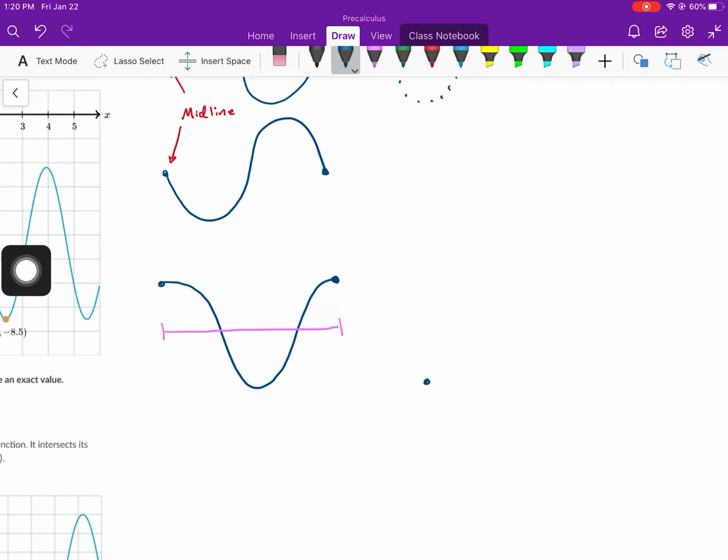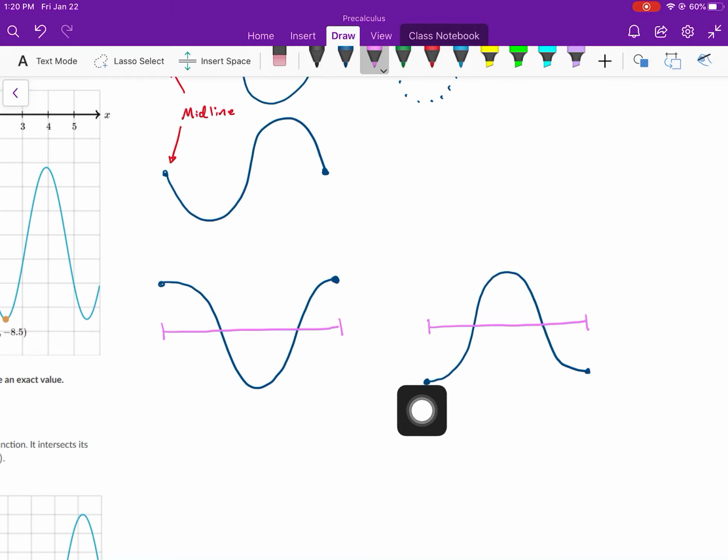Similarly, if you start on the bottom of the valley, you need to go all the way up to the top, and then you'll end on the bottom. The midline is right there in the middle, but the period is the horizontal distance from the bottom there to the other bottom on the other side.